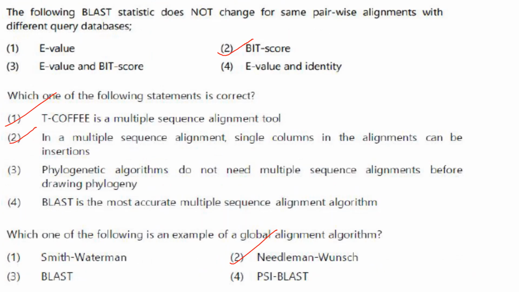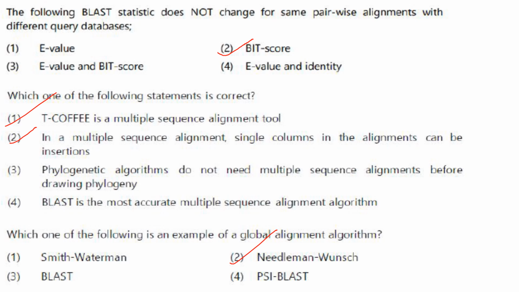Then next one. The following BLAST statistic does not change for some pairwise alignments with different query database. That is, as you move from one database to another for the same pairwise alignment, which BLAST statistic will not change.